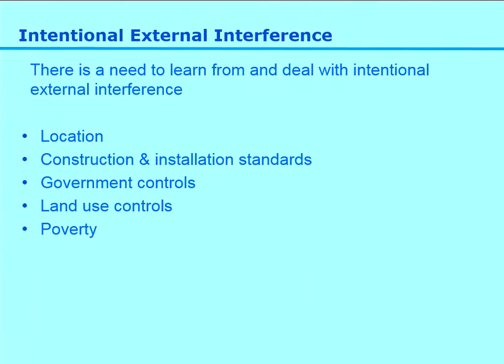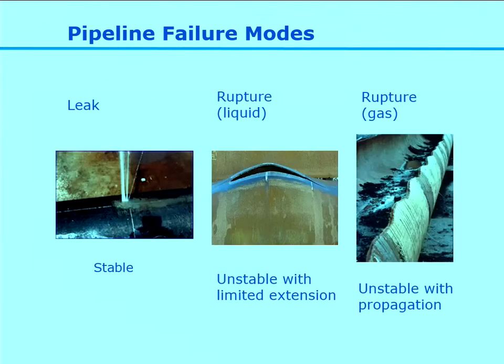In terms of a rupture, the defect is unstable and it will grow as the fluid is released. Typically, with liquid pipelines, you get limited growth and you get a typical fish mouth type opening, which is certainly big enough to get rid of huge amounts of pressurized liquid.